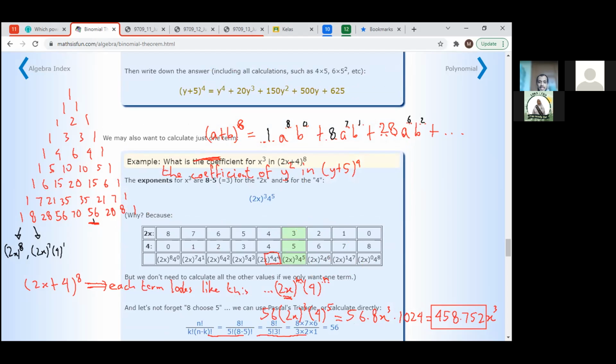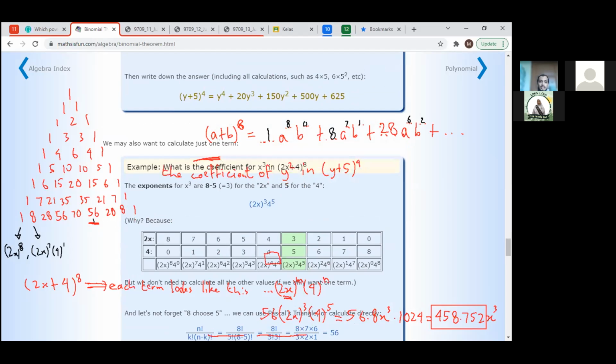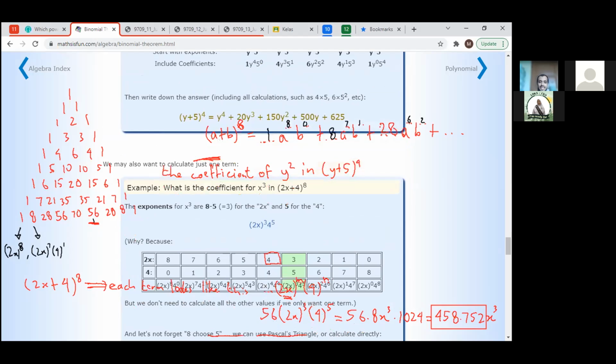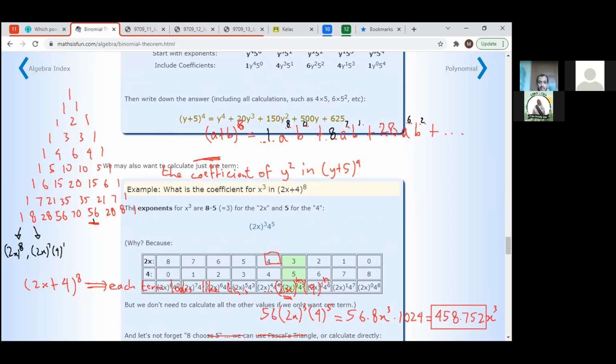Kemudian untuk depannya 56 tadi, di sinilah keuntungannya ada rumus. Karena tadi kalau kalian ingat, kita dapat 56 ini mulai dari segitiga Pascal, mau nggak mau dari awal sampai baris ke-8. Setelah itu baru kita tentukan yang mana.